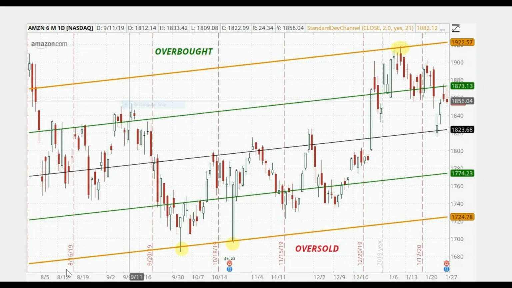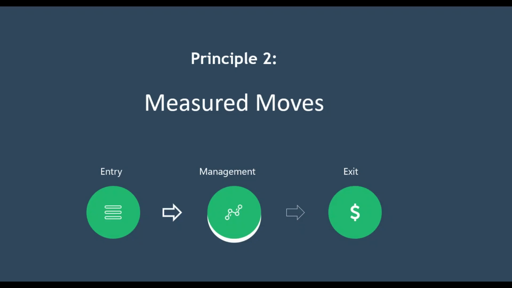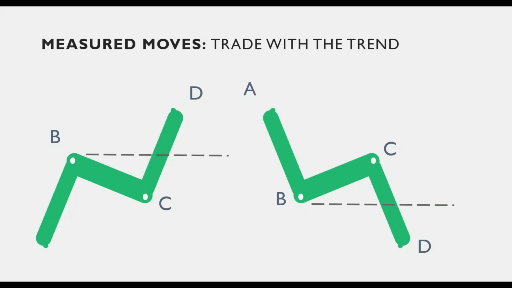Okay, what is a measured move? A measured move, this would be in an uptrend.